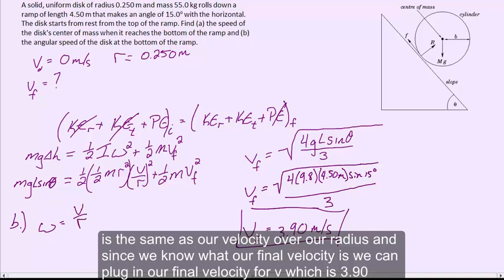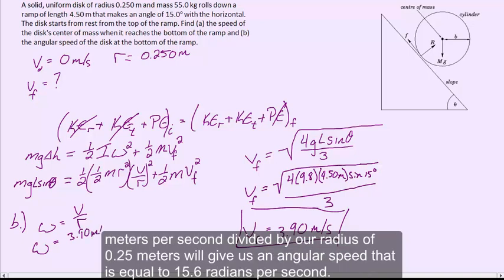And since we know what our final velocity is, we can plug in 3.90 meters per second, divided by our radius of 0.25 meters, which will give us an angular speed equal to 15.6 radians per second.